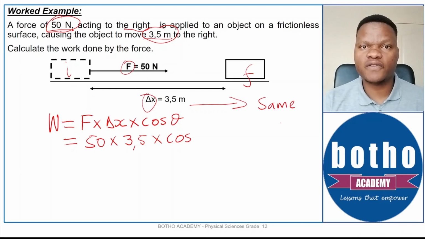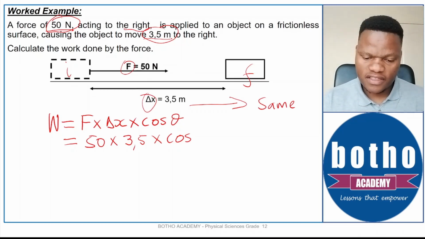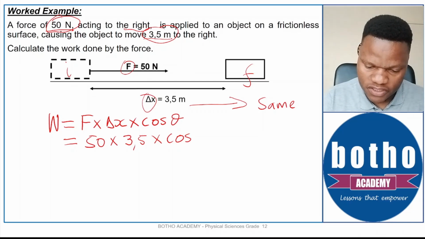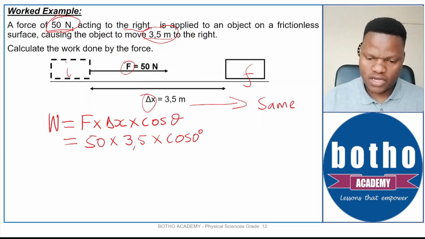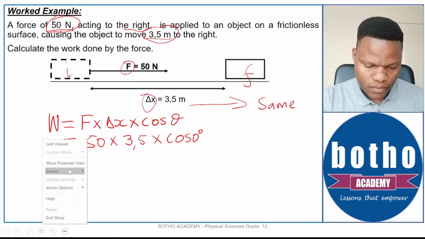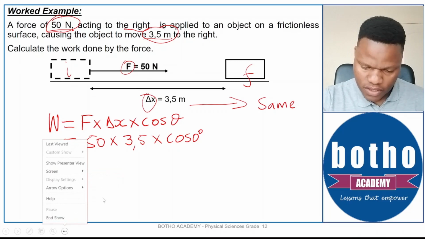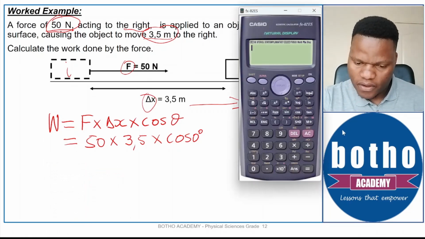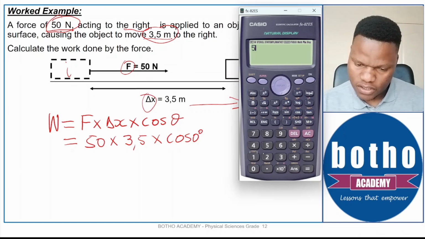What did we say in the previous slide? We said if they are moving in the same direction, the theta that we are going to use there must be 0 degrees. Now let's check the calculator and see what would be the answer there. In our calculator, we're then going to say 50 multiplied by 3,5 multiplied by cos 0.